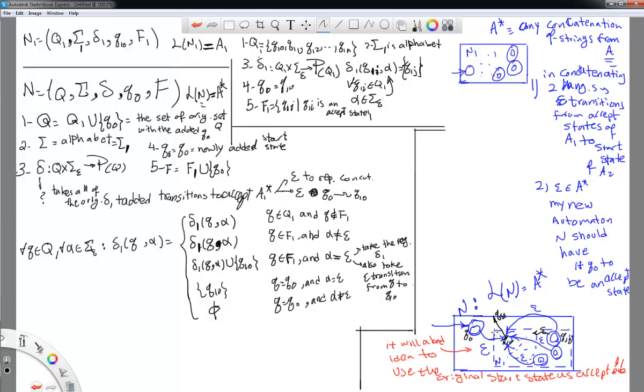And so this basically completes my proof. The non-deterministic finite automaton I created here recognizes the star of my original language, and therefore the class of regular languages is closed under the star operation.